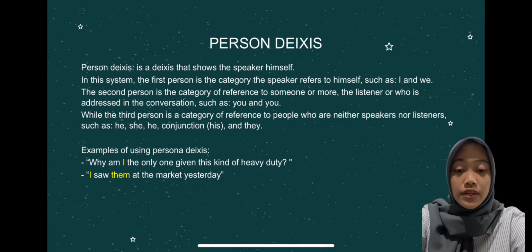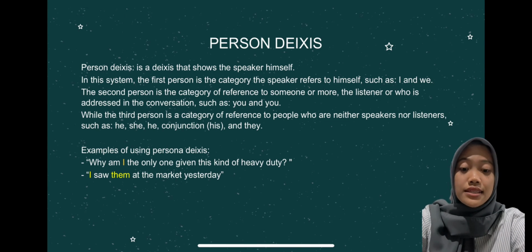While the third person is a category of reference to people who are neither speaker nor listeners, such as he, dia, she, ia, he, beliau, his, and they.